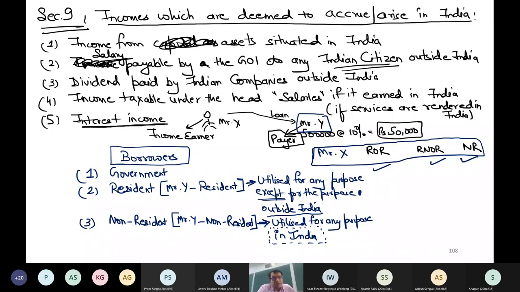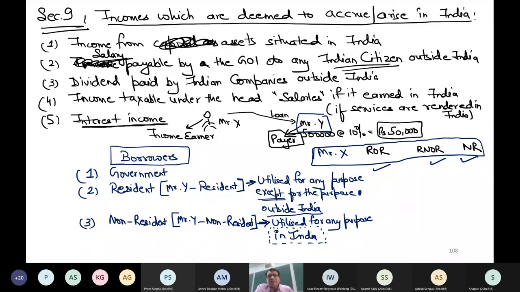If this non-resident borrower has utilized my amount for any purpose in India, then only it is treated as income deemed to accrue or arise in India. Otherwise, it is not treated as income deemed to accrue or arise in India. If this non-resident has utilized 5 lakh rupees for doing some project in Russia, then this 50,000 is not treated as income deemed to accrue or arise in India.